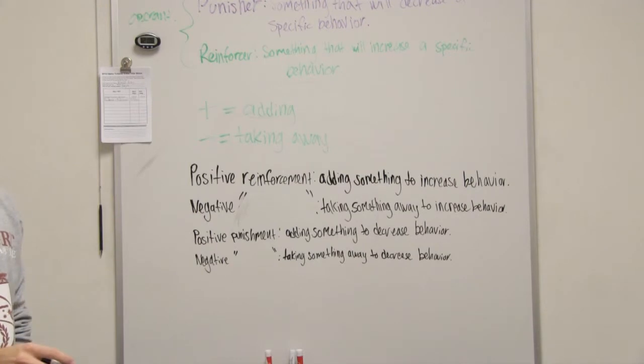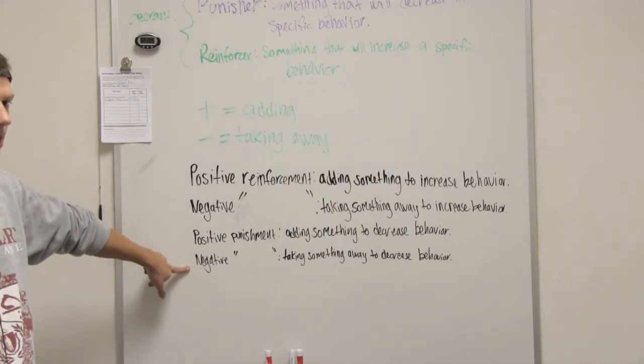So let's focus on being a parent and you're trying to teach your children how to do something. You're not gonna let your kid play soccer if they don't clean the room. But what would that one be? That would be negative punishment.